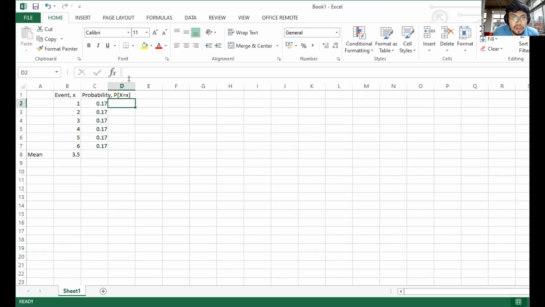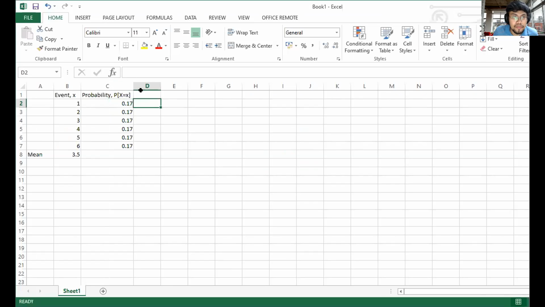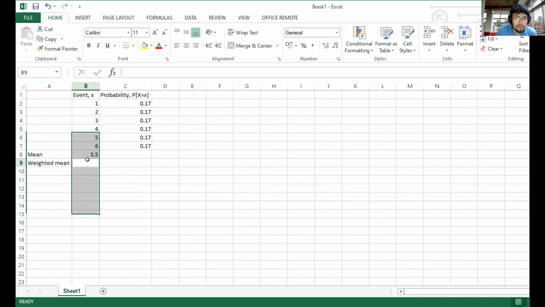Now we want the weighted mean. So we write here weighted mean, and to get that we will be multiplying the probability of each event by the value of the event.